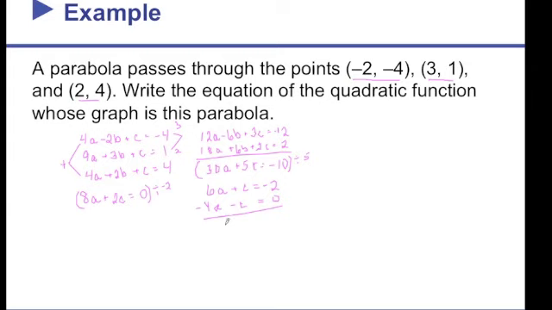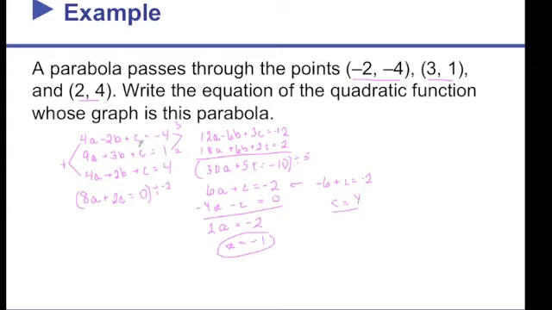So I'll find that 2a, c's will be gone, equals negative 2. So a equals negative 1. I could put that in this equation and find out that negative 6 plus c equals negative 2. So c would equal 4.